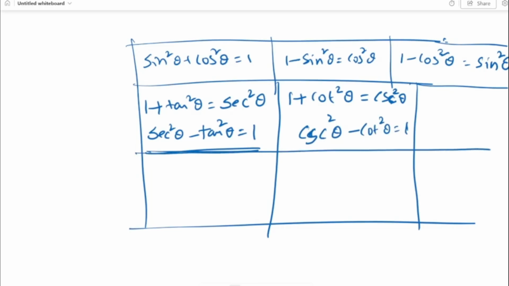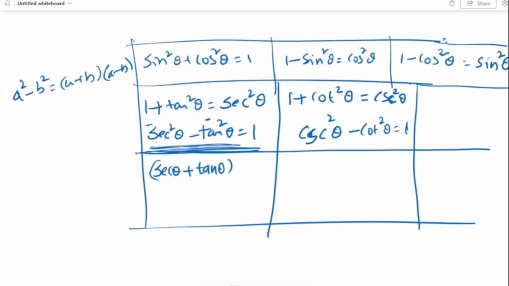Recall, what is a square minus b square? A plus b times a minus b. So whenever you see a square minus b square, you can always express this as secant theta plus tan theta times secant theta minus tan theta, which will be equal to 1.